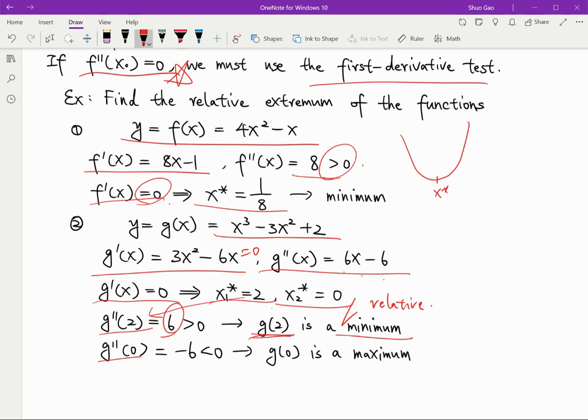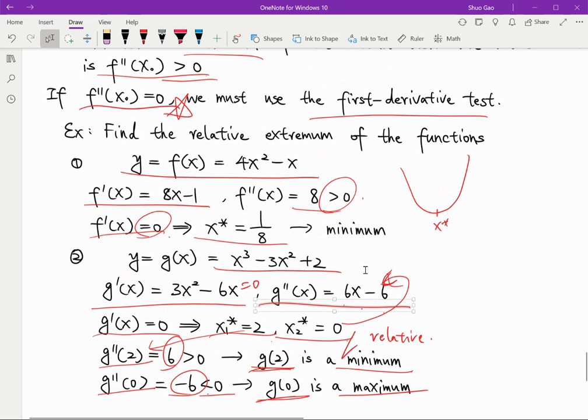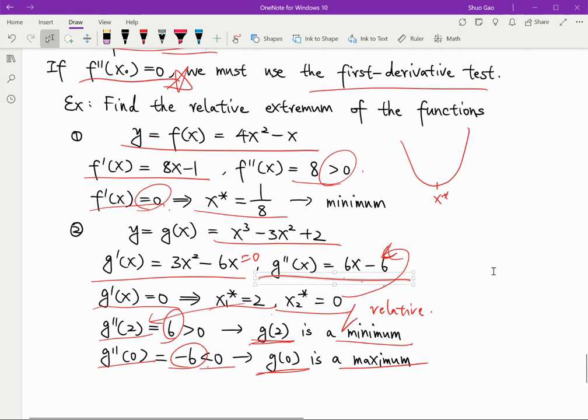So for g double prime of 0, you plug in 0 and you find that it's negative 6. So it's a negative number. So g of 0 should be a relative maximum, right? So we're done with the second derivative test.